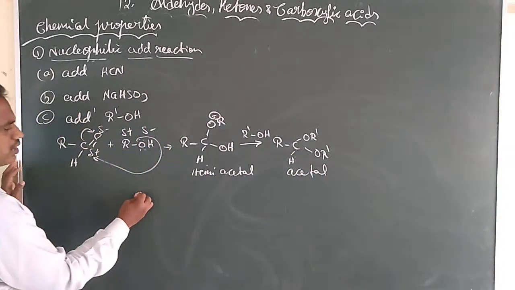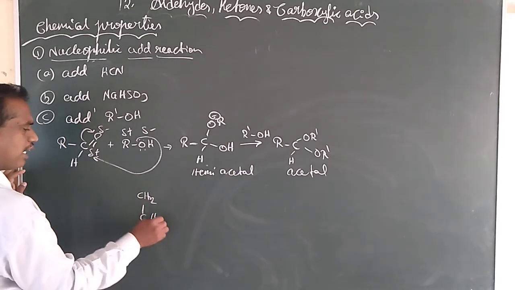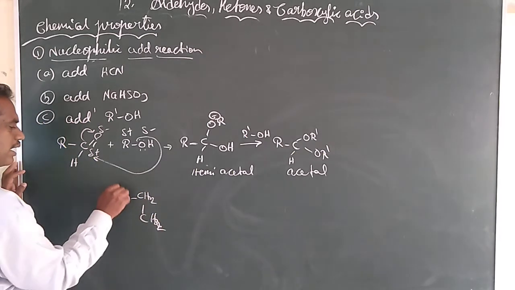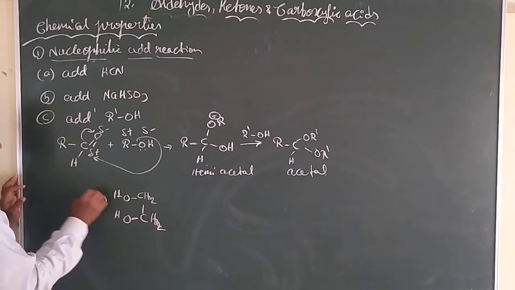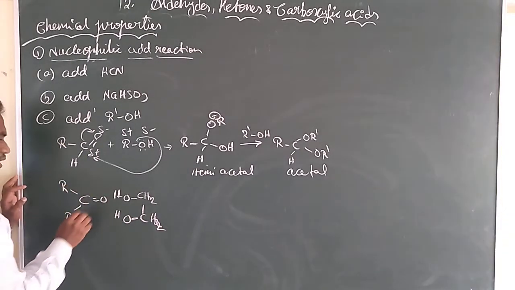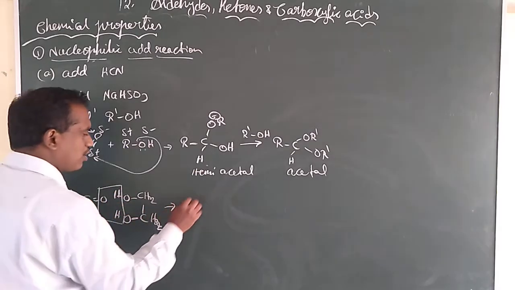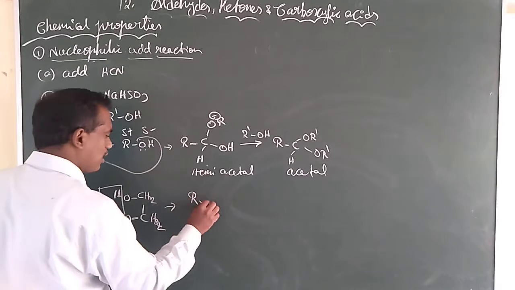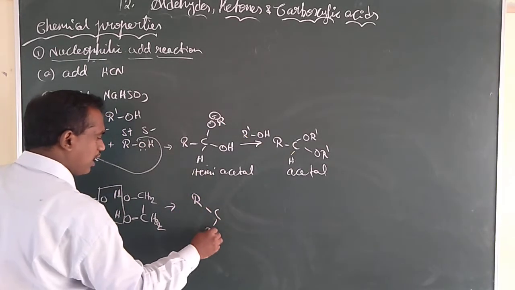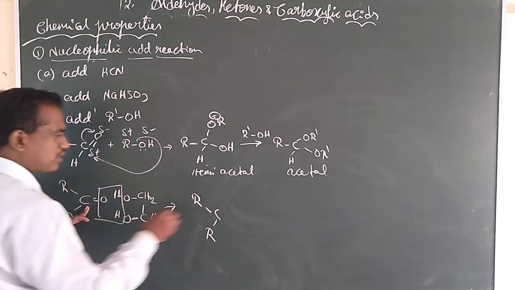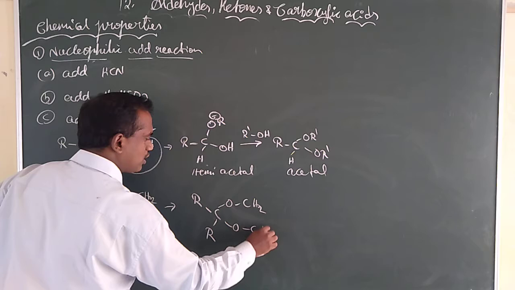If you are using ethylene glycol as the starting reagent to react, hydrogens will leave along with oxygen to form CHR, with the oxygens having OCH2, OCH2.